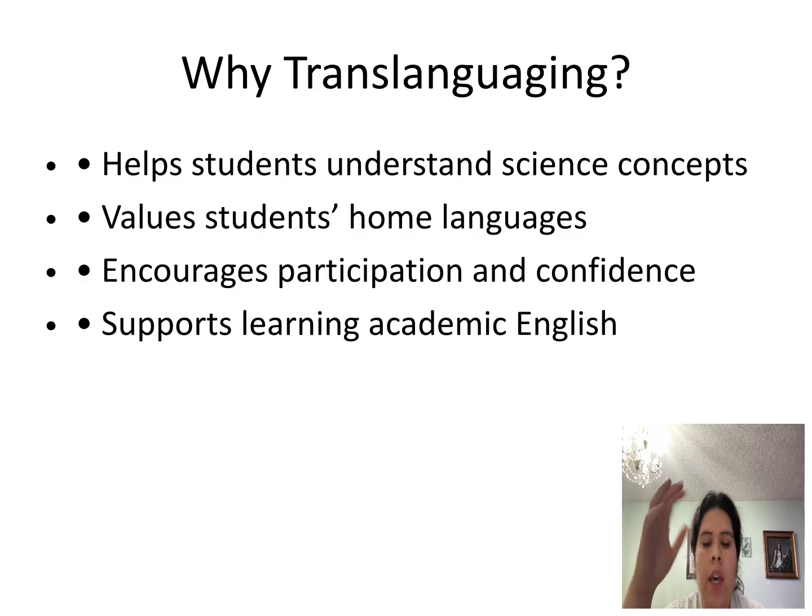If we limit students to one language, translanguaging values their full linguistic abilities and supports the development of academic English. So whether they use Spanish at home and English in school, it helps them both be more bilingual in the sense that they're able to adapt both understandings when they're doing a topic.